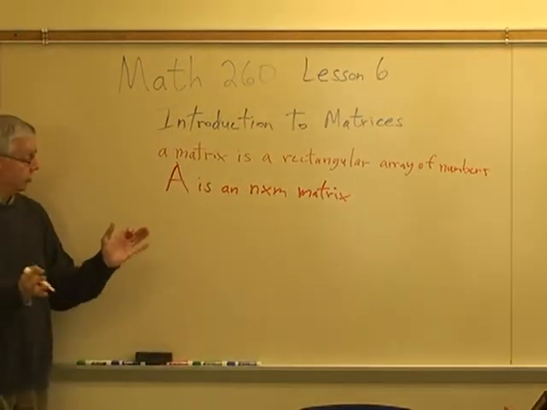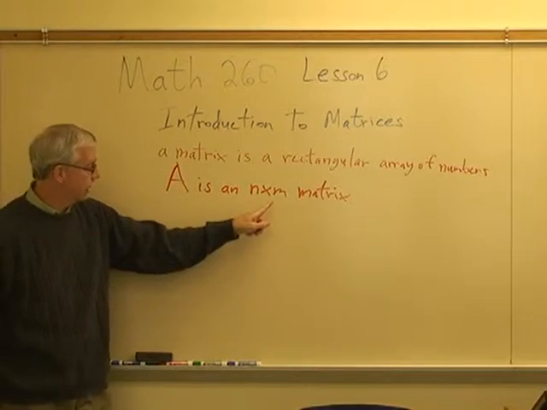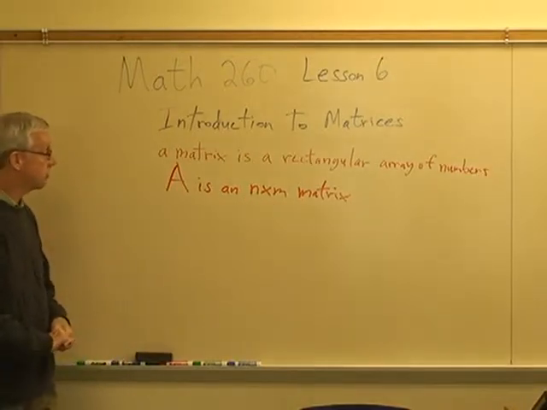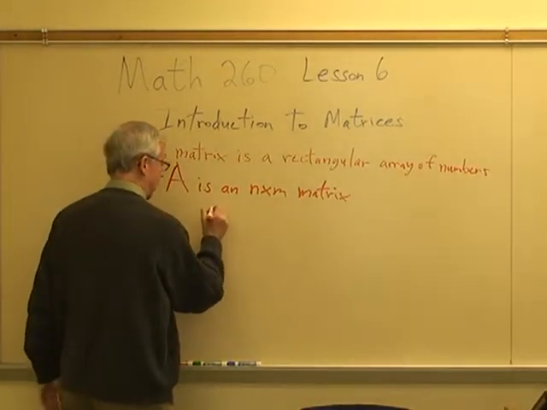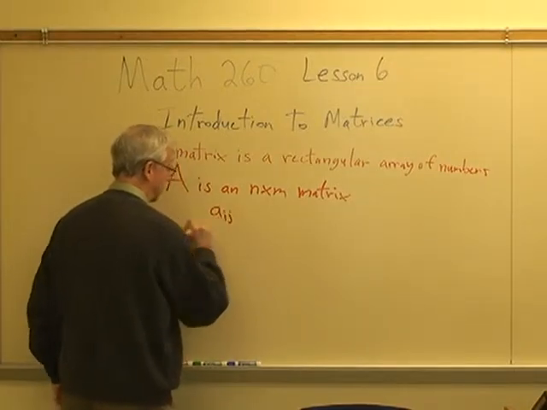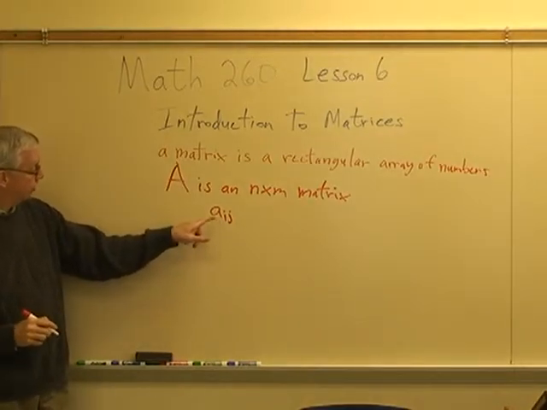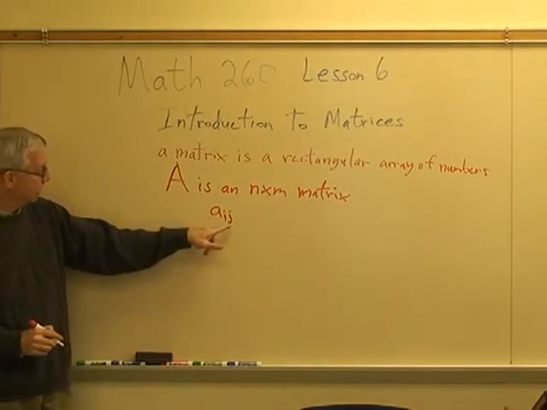With matrices, it's always row first, then column, so n rows and m columns. And we use lowercase letters to indicate the elements of the matrix. a_ij would be the single element in the ith row and the jth column.